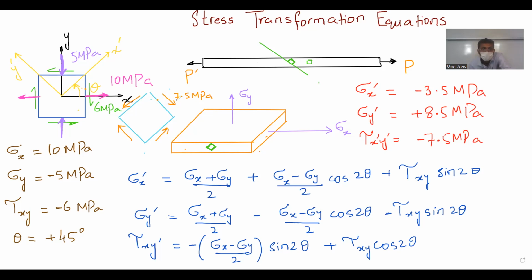So this was your x. What will this be? As Mehmet said, this is my x prime, and this is my y prime. Okay. So this one becomes, let me use a yellow color, minus 3.5 megapascal.